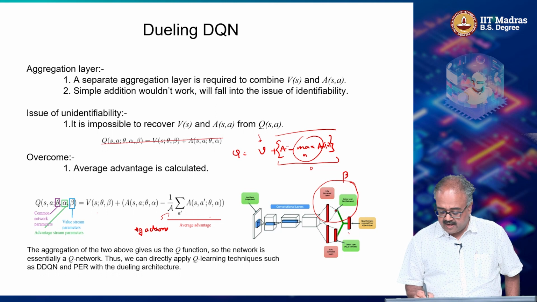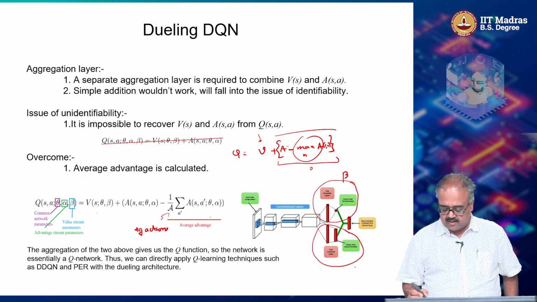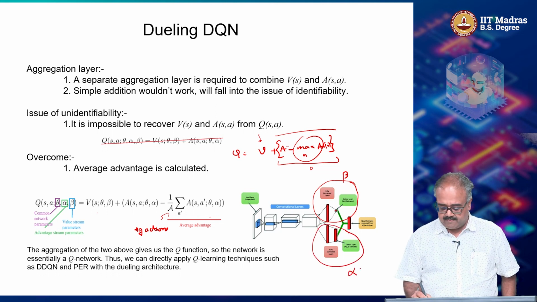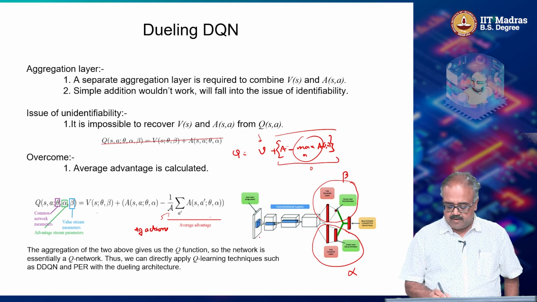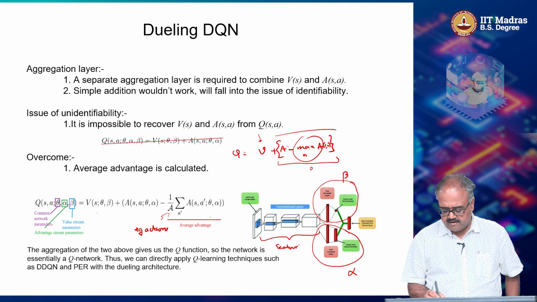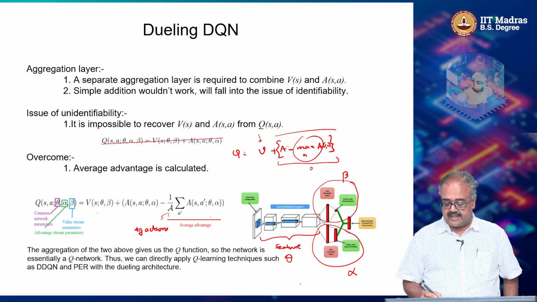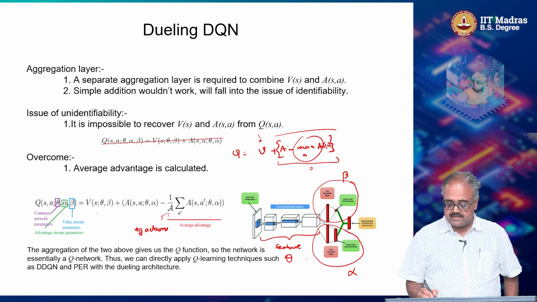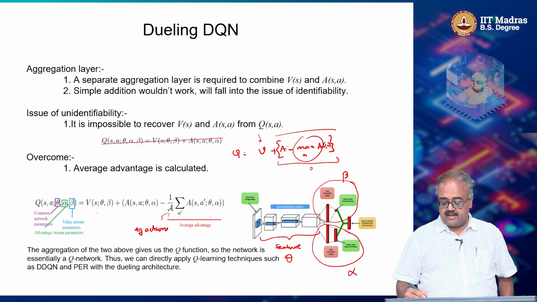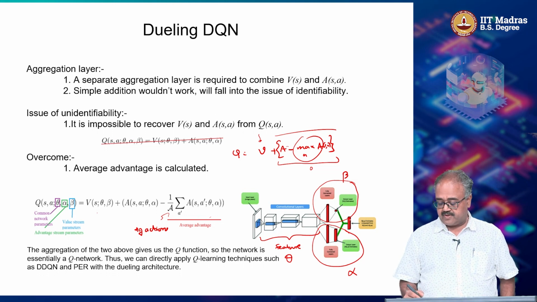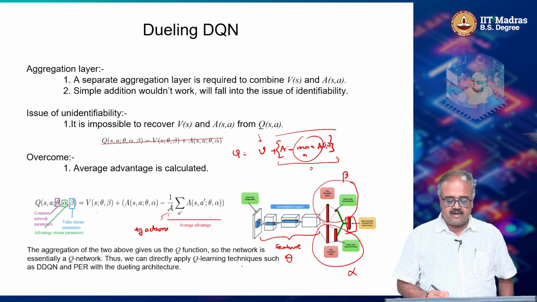I am going to have an advantage network that is parameterized by alpha, and I am going to have a common feature learning part of my network, which will be parameterized by theta. So I have theta, which is my features, beta, which is the value function, alpha, which is the advantage function. And this is the fixed aggregation layer.